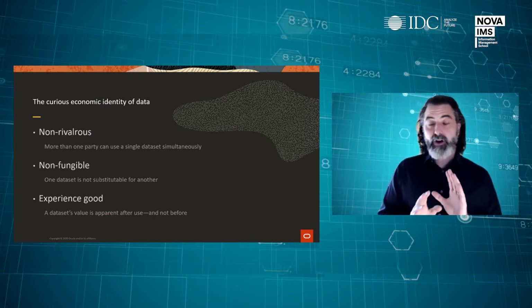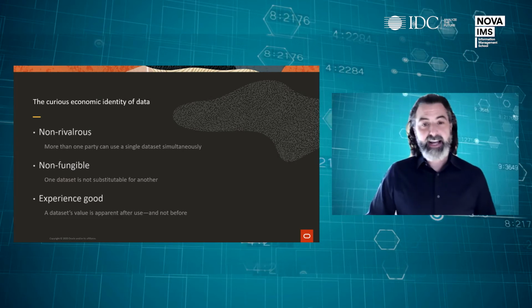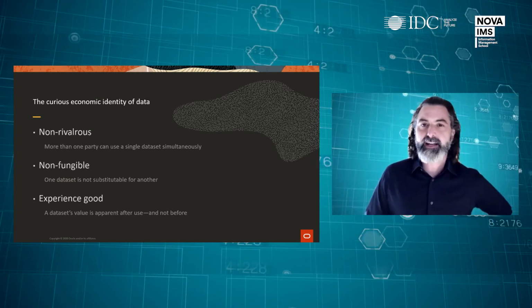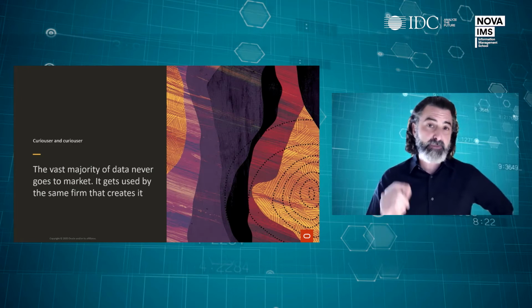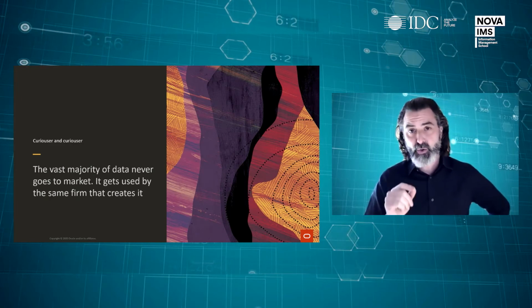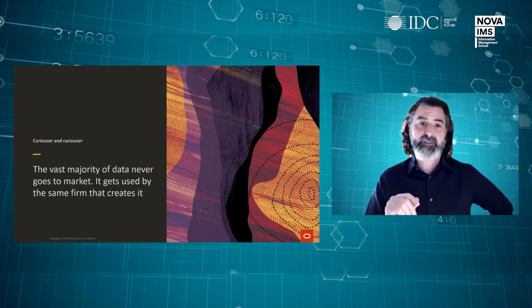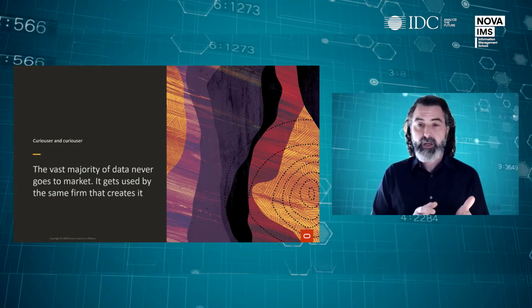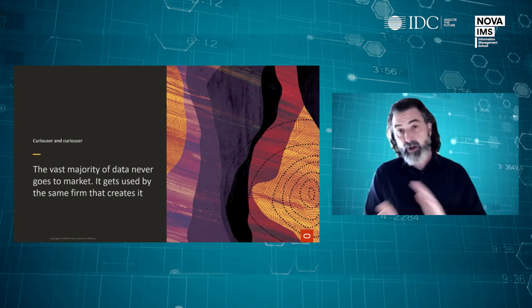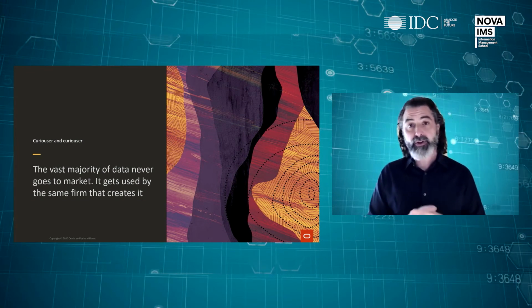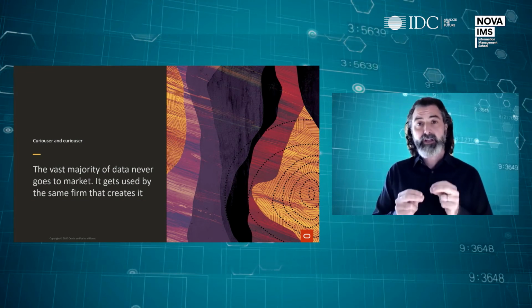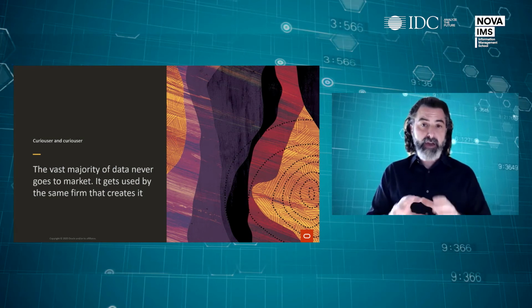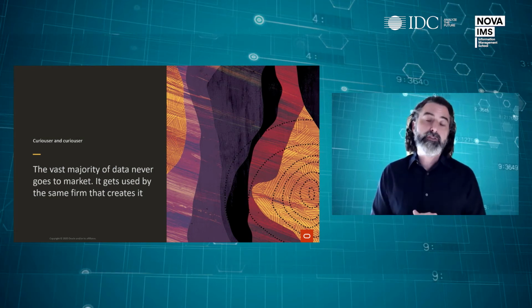But none of these are the strangest thing about data as an asset. The strangest thing about data as an asset is that the vast majority of data never goes to market. It has no market price. It gets used by the same firm that creates it. Now, of course, we know that some data does get bought and sold, and there are critical privacy and security practices that must be wrapped around those interactions.